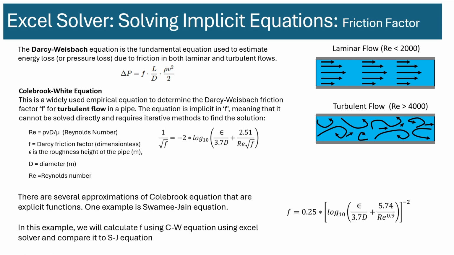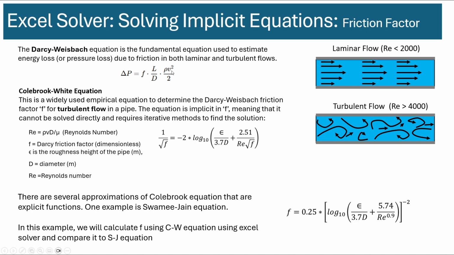If a fluid flows through a pipe at a certain velocity, and you know the density of the fluid, the length of the pipe and the diameter of the pipe, then the pressure drop within that length L is f times L over D times half rho V squared.